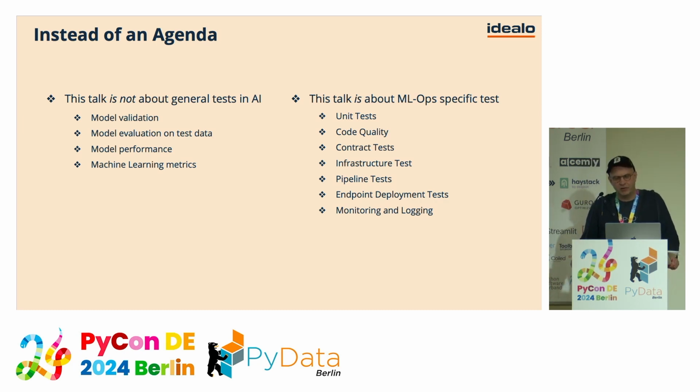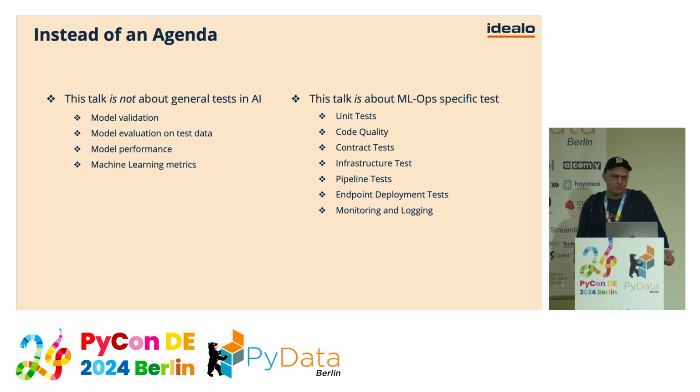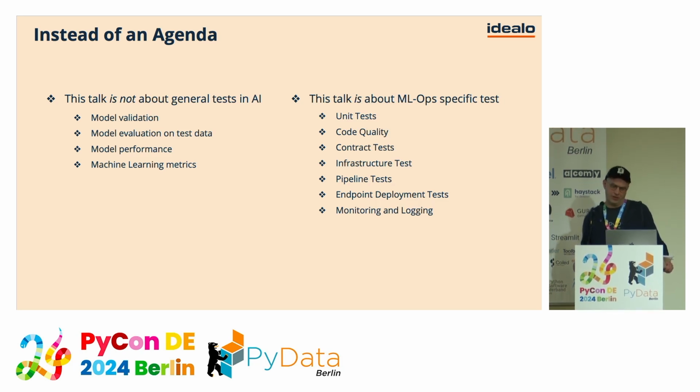In detail, we'll talk about unit tests, code quality, contract tests, infrastructure tests, pipeline tests, endpoint deployment tests, and last but not least, a few slides about monitoring and logging.